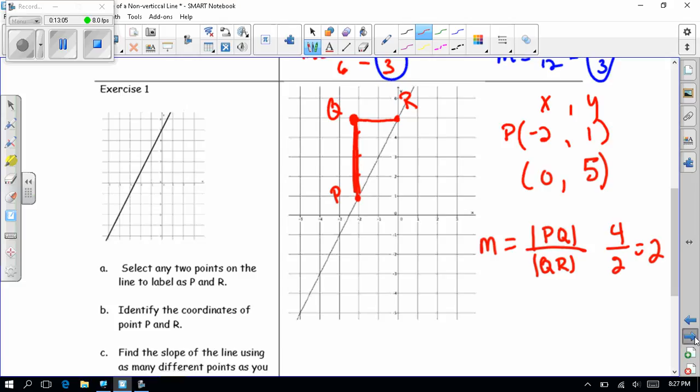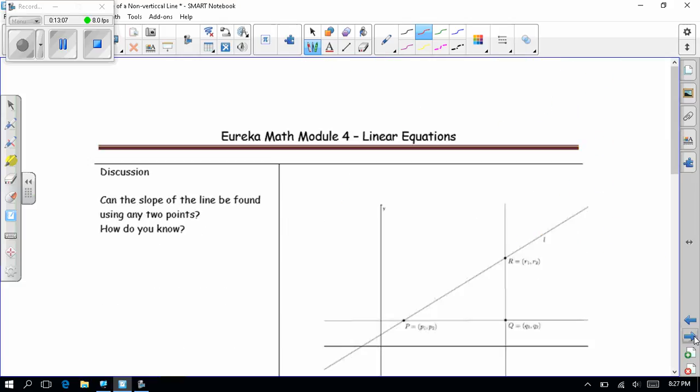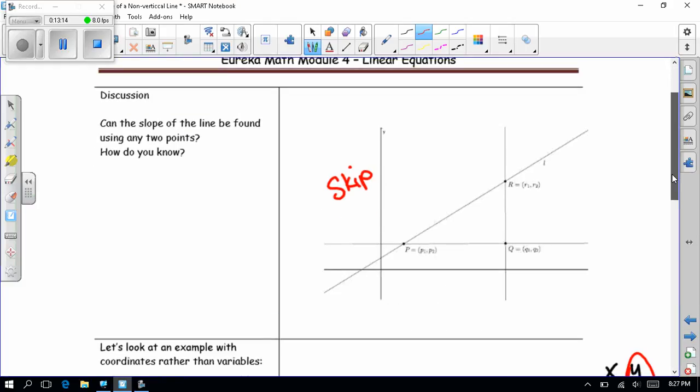Let's move on to the next page, and I'm actually going to skip this example. They show you how to do the slope formula, and they show it with all letters, and I just find that very, very confusing. I think it would be very hard for you to follow.